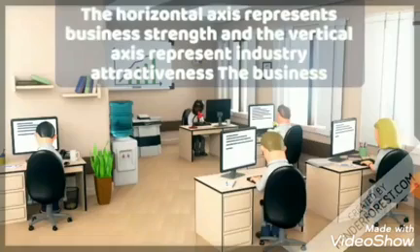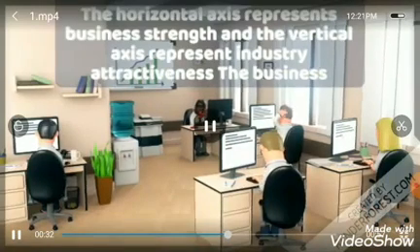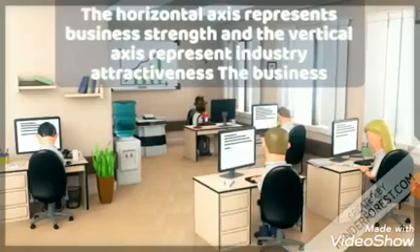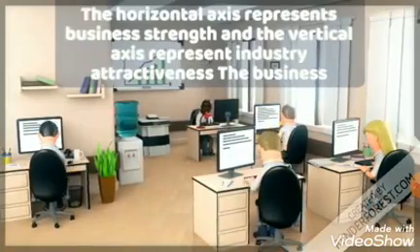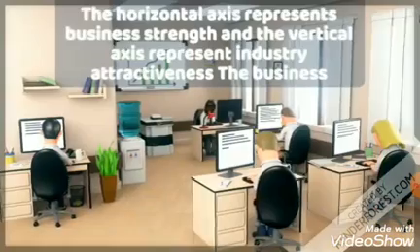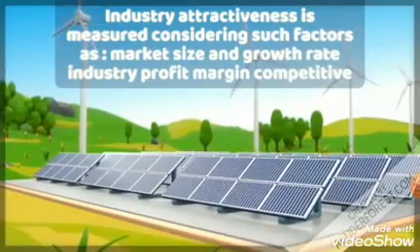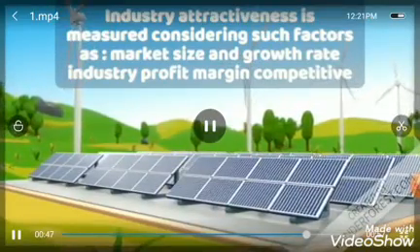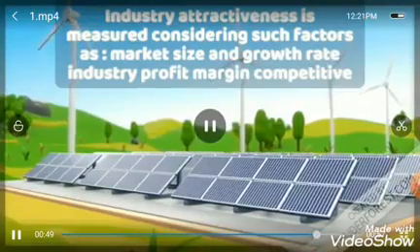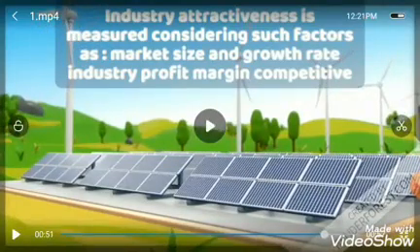Let us see what the horizontal and vertical axes state. The horizontal axis represents the business strength, and the vertical axis represents the industry attractiveness.